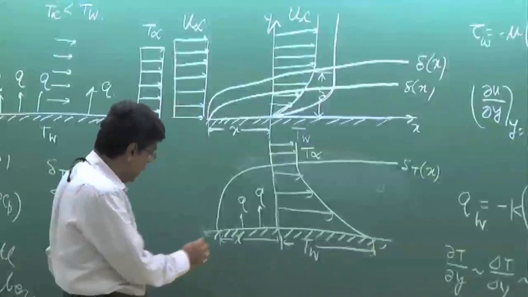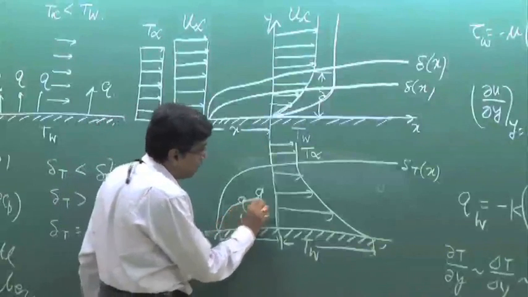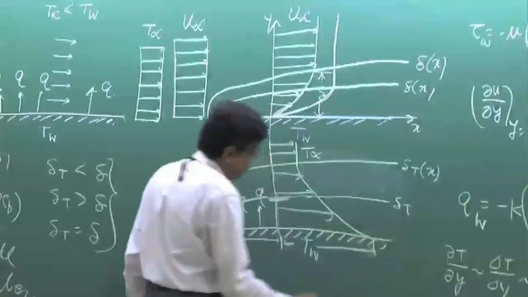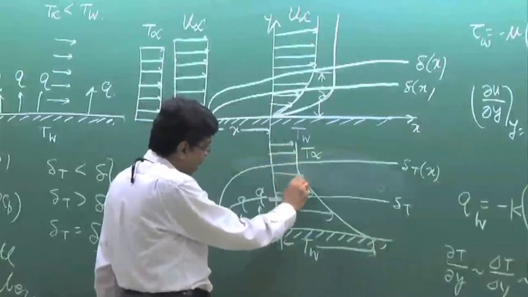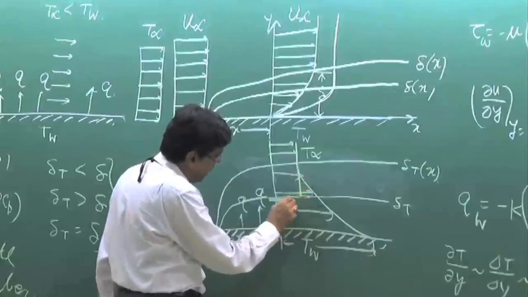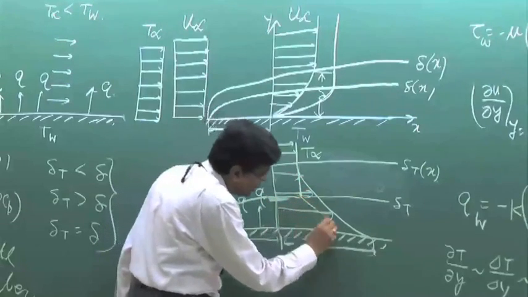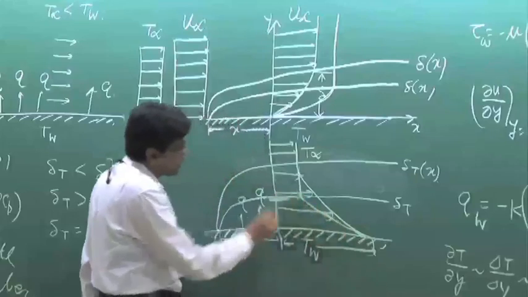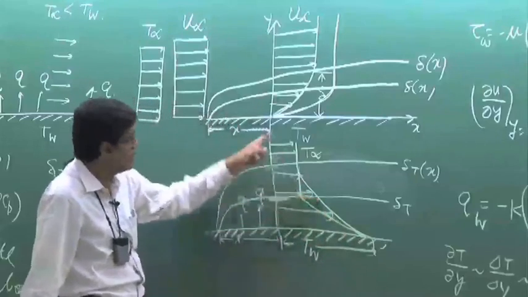That can be geometrically seen: if you have a delta T in the second case, the free stream temperature will be reached at the edge of this. So the slope of this curve is more than this with respect to y.